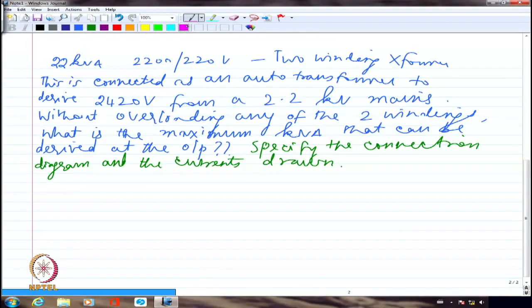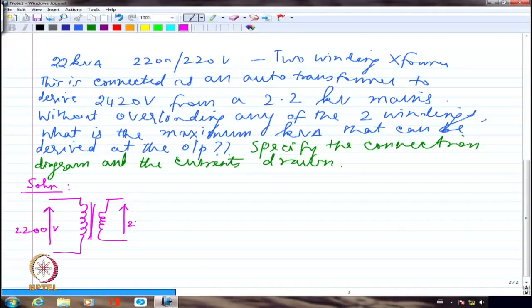So to start with, I have 2200 volts on one side and on the other side it is 220 volts. Now, if I am connecting full load, according to the kVA rating, this will have a current of 10 ampere and this will have a current of 100 amperes.